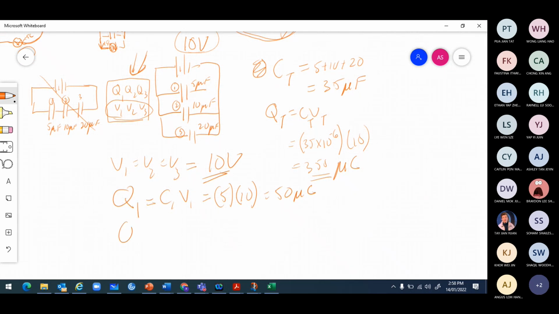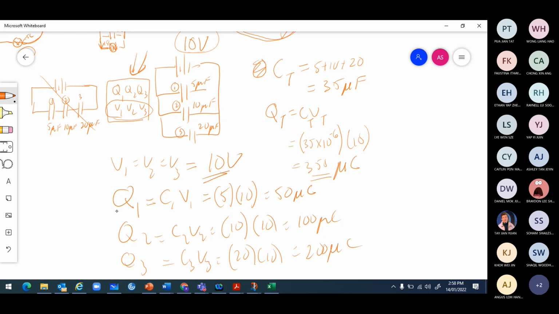And you can do the same thing for 2 and 3. Q2 is C2V2. C2 is 10 microfarad and 10 volt, so you get 100 microcoulomb. And Q3 is C3V3. So 20 times 10, you get 200 microcoulomb.